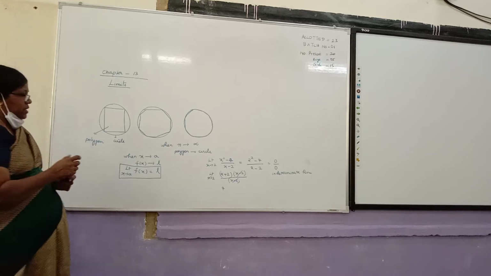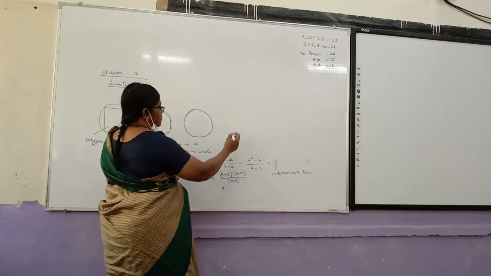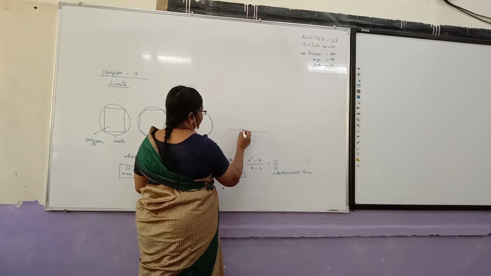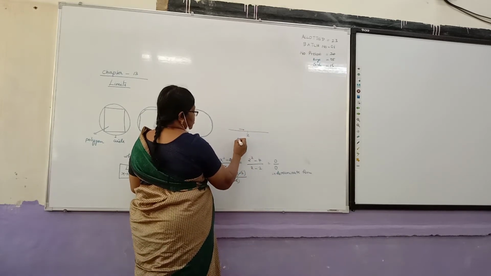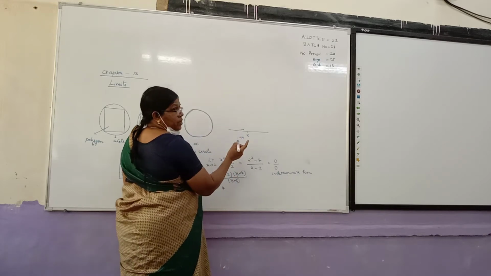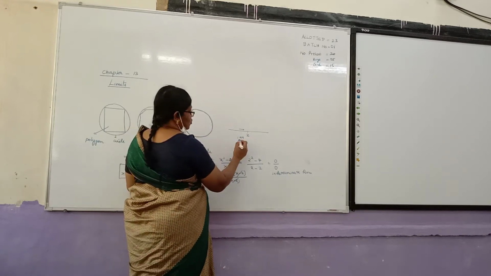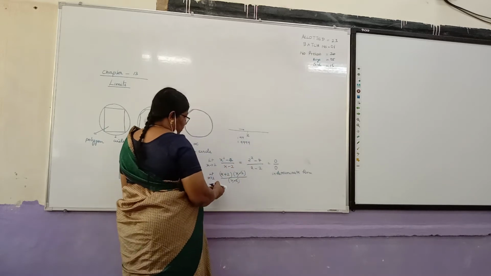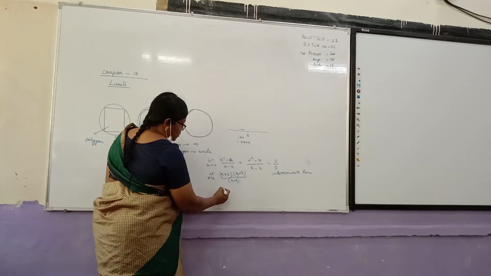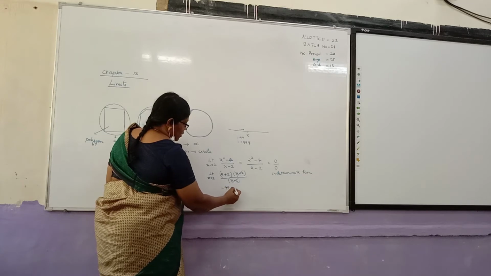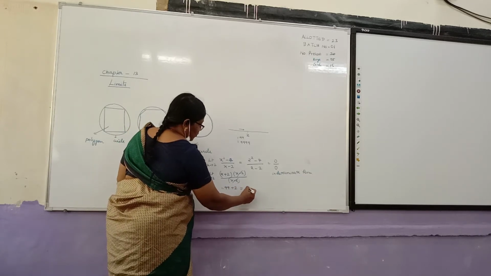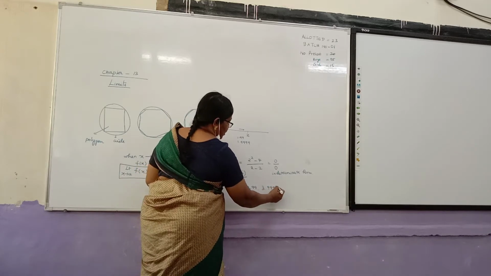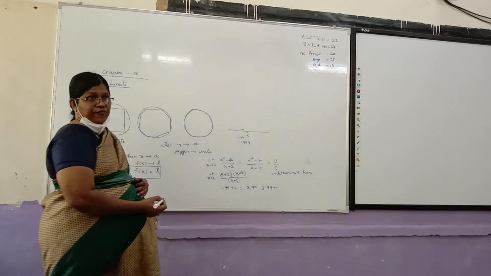To check whether the limit exists, take the value nearer to 2, say 1.9, very near, not very far away, 1.999. When you apply here, it becomes 1.99 plus 2 is 3.99 or 3.999, so nearly becoming 4.